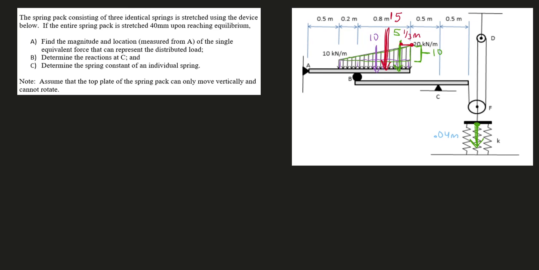So let's write that as a math equation. The moment of our equivalent force will equal the moment of the 10 plus the moment of our 5. And we want to calculate these moments about A. For the moment of this 10, it's going to be our force, 10, times its lever arm distance.